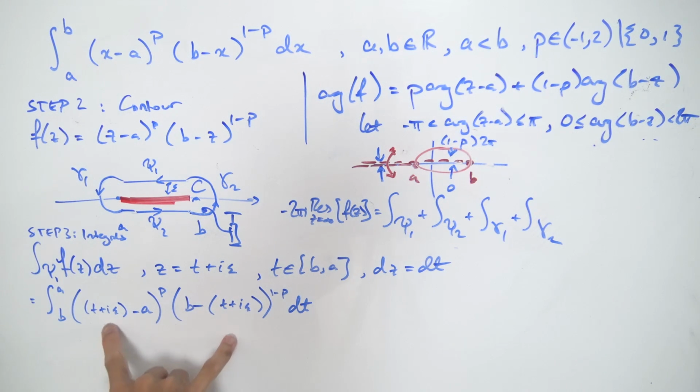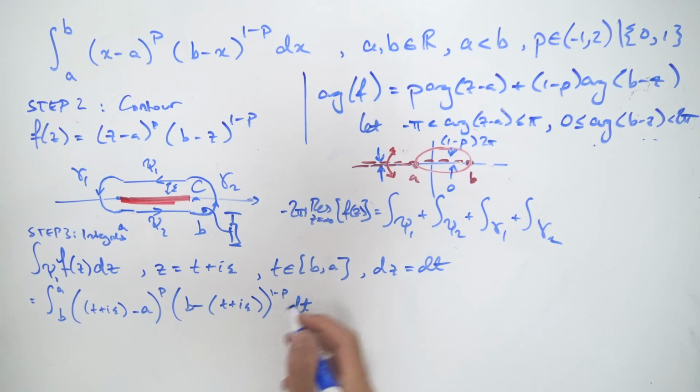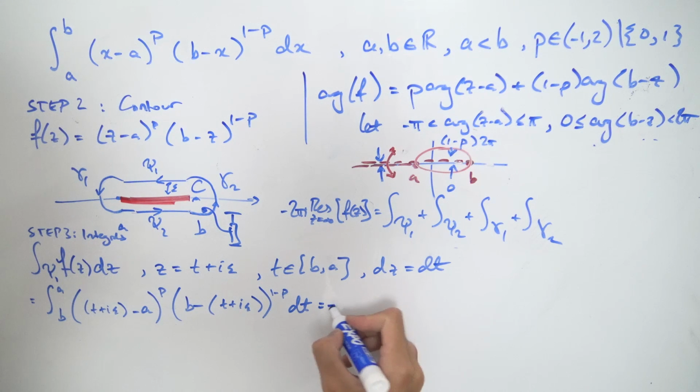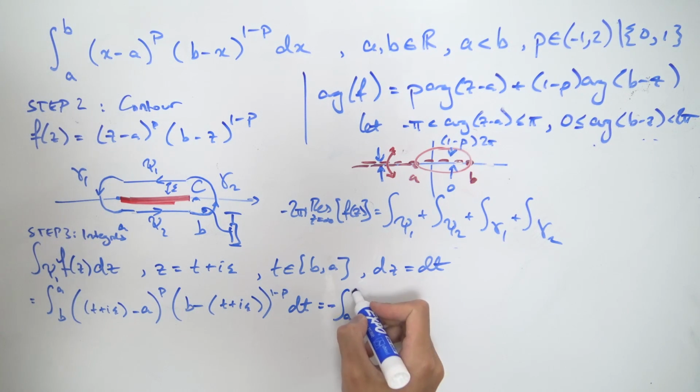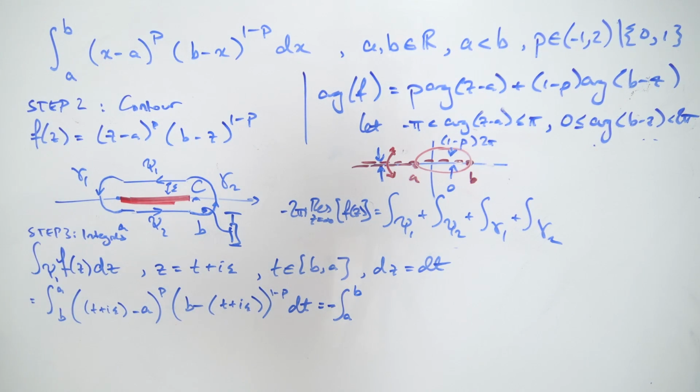Now remember, we can write our function f of z in polar form, so let's do that. This is now equal to, and I'm also going to change the orientation of that integral by introducing a negative, and now we're back to integrating from a to b.